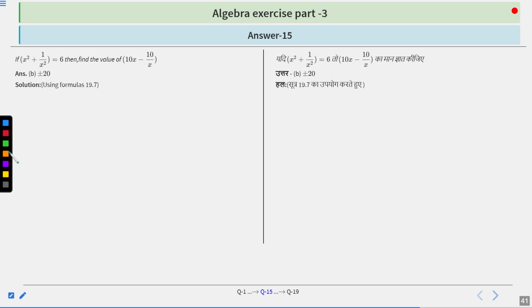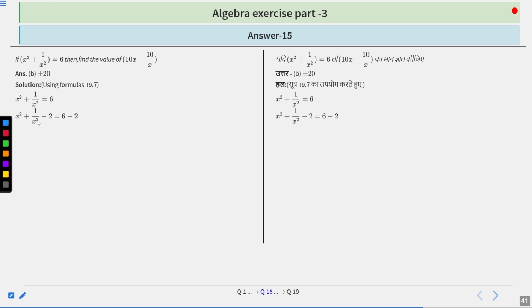So, using formula 19.7, we were given x square plus 1 upon x square is equal to 6. So, x square plus 1 upon x square minus 2 equal to 6 minus 2. Now, we have subtracted 2 from the left hand side as well as the right hand side. That will not affect the nature of the equation.